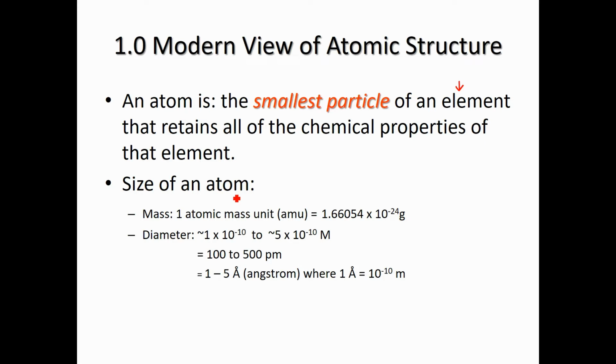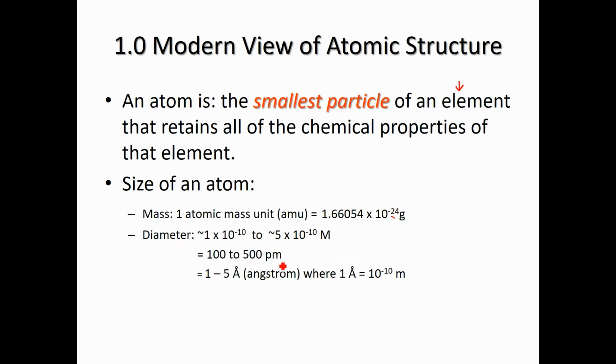It's the smallest. And in fact, to justify that point, look at the mass. It's 1.66 times 10 to the negative 24. Like, it's very, very small. Okay? And the diameter is given to be 1 exponent negative 10 to 5 exponent negative 10. Okay?